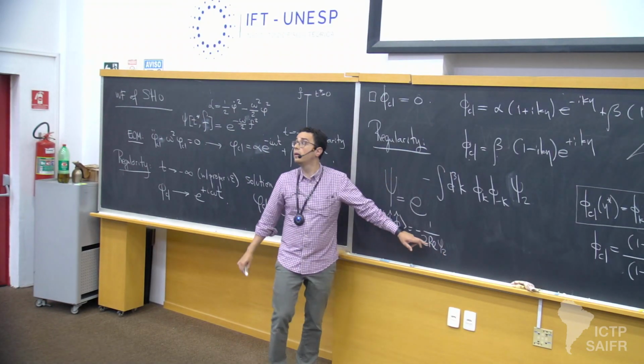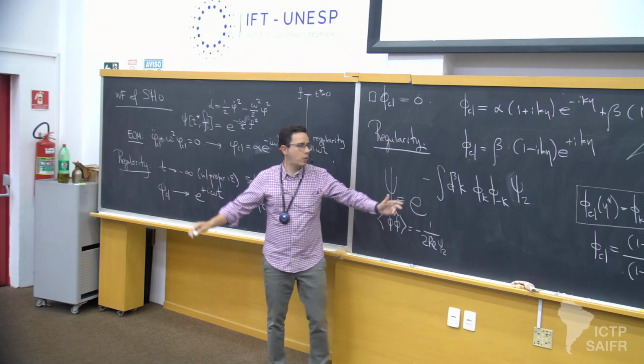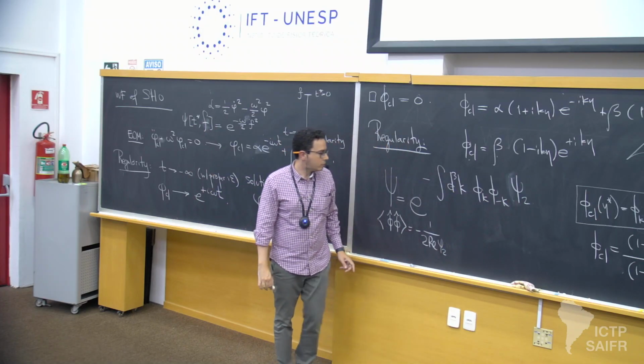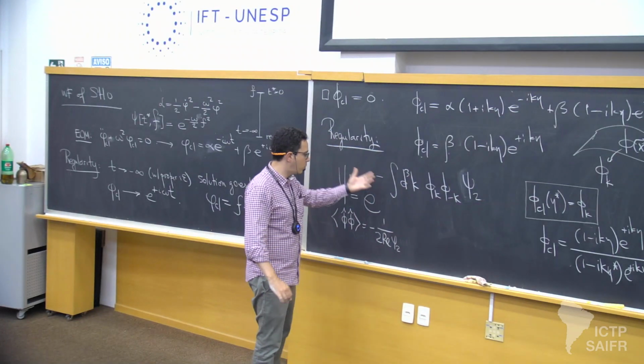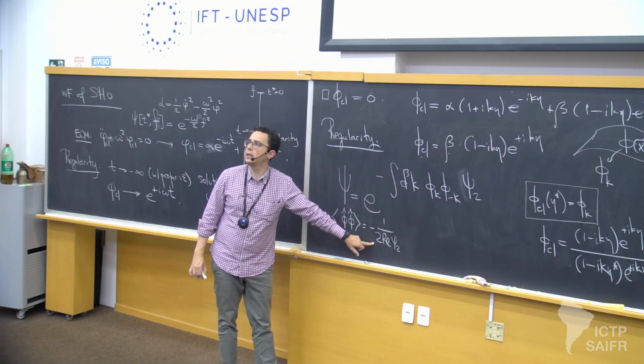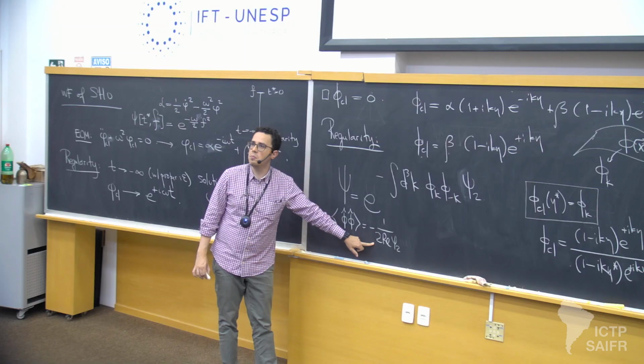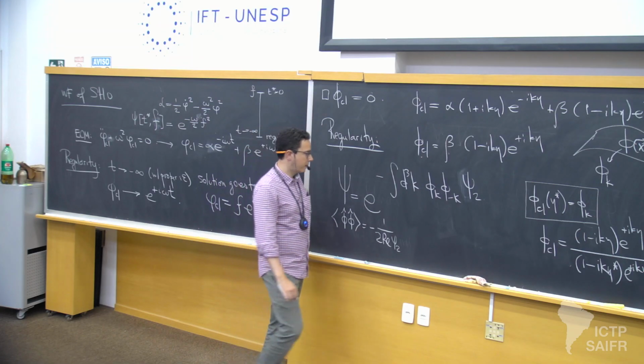Is it clear? You do mod squared, so you pick the real part of this. The 2 is because you add psi 2 plus psi 2 star, and then you do Gaussian integration, and it appears in the denominator, using Born's rule, Max Born.